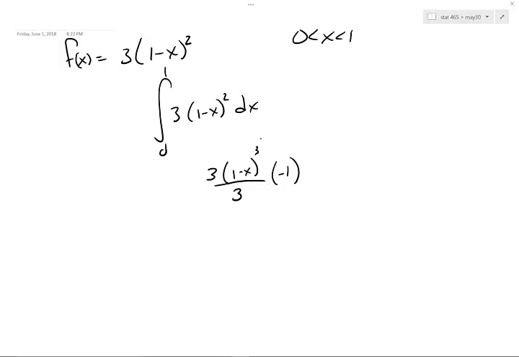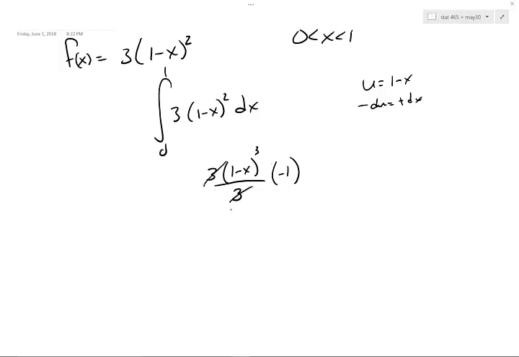Because technically you're using a change of variable here too, because you're letting u equal 1 minus x, so du would be equal to negative dx. Well, that means I have a negative du. So that's how I would have done it if I was doing a substitution. You with me? But I didn't do substitution. I did it in my head. So this is my answer.